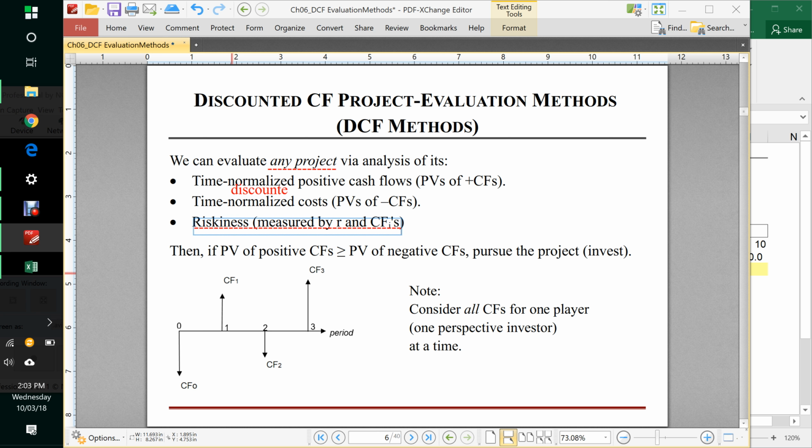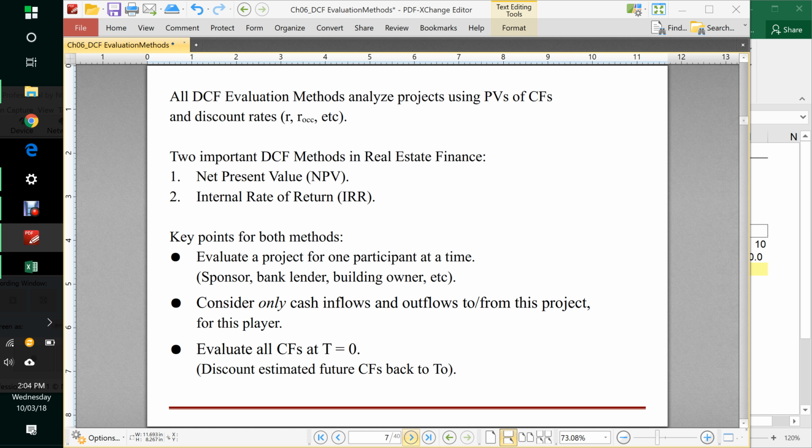With all of these things in mind, we get the present value of all the cash flows for the project for this player. If for that player the present value of the positive cash flows is greater than the present value of the negative cash flows, then we want to pursue the project. Always consider all the cash flows for one player at a time. Don't confuse lenders and sponsors. Evaluate one at a time.